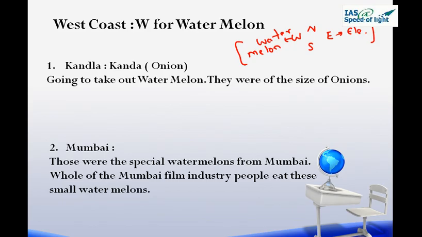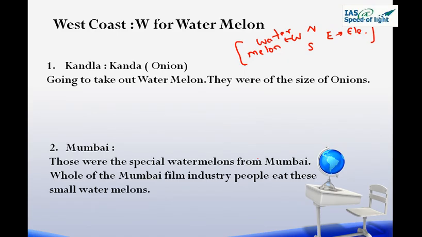Like in Marathi, Kanda is onions. And it is not important to follow the same mnemonic. If you can get some other good picture which is very well established in your mind, you can use that picture also. So Kandla becomes Kanda. Kanda is onion in Marathi, in the Mumbai language. So Kandla becomes Kanda, that is onion.